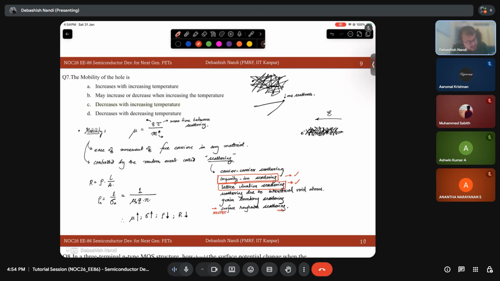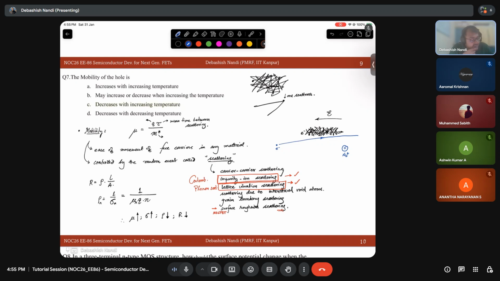Impurity ion scattering is also called Coulomb scattering, and this is also called phonon scattering. So what is the difference? Let's say you have a charged ion, right? Let's say this is Nd plus. One ion is sitting there. One free electron is moving freely from one place to another.